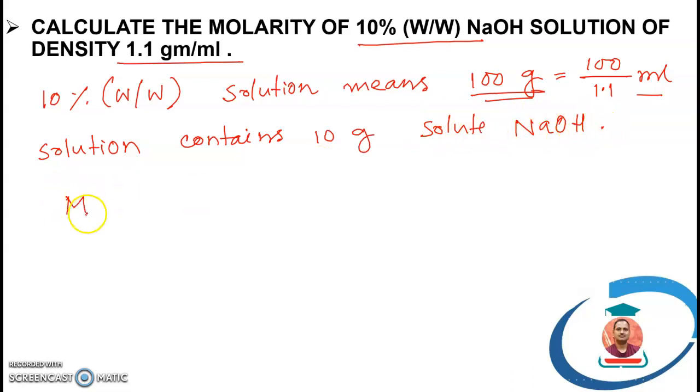So what is the molarity formula? Molarity is W2 into 1000 divided by molecular mass of solute into V, where W2 is the mass of solute.